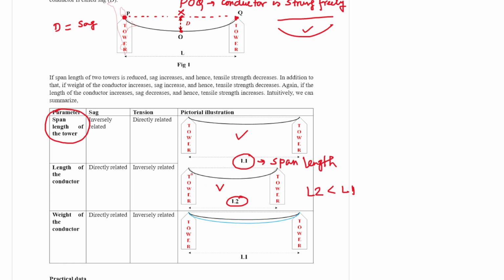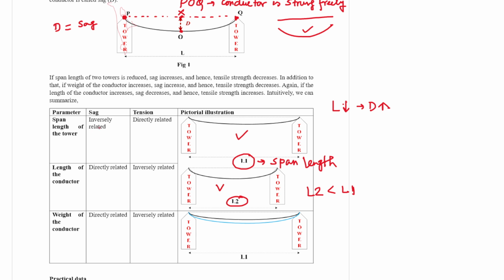Now, as L2 reduces, that means if the span length L of the tower reduces, then the sag goes high. With the span length of the tower, sag is inversely related.